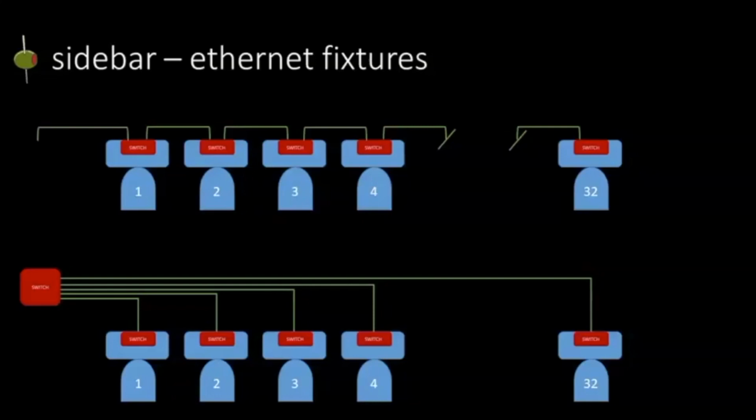As soon as you get past that 8th or 9th fixture, you're going to start seeing lag. So if you snap all those fixtures to red, you will watch those changes cascade across that pipe. It is the nature of TCP/IP networking, and it's the best that we can do. And I've got to say, I'm skeptical. Some of the best switches, like Cisco and things like that, have really high throughput.